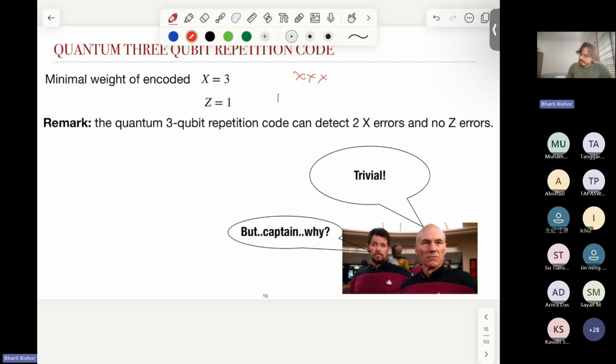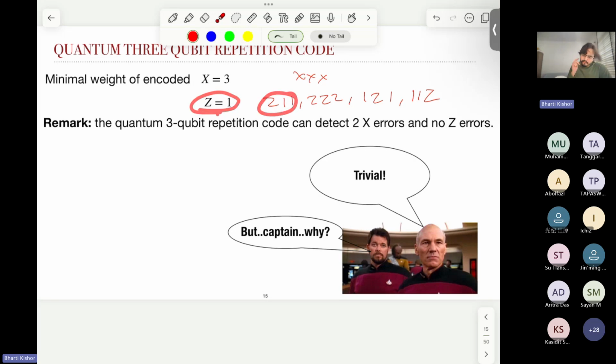But in the case of Z, you had ZII, IZI, or IIZ. In this case, the minimum weight is 1. So the X distance is 3, but the Z distance is 1.